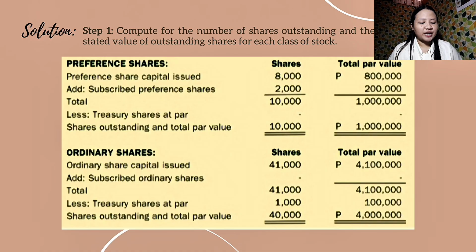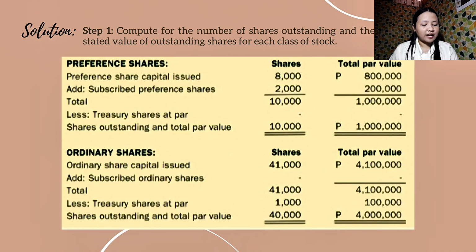As to preference shares, less treasury shares at par, our shares outstanding is 10,000. And still, the total par value is 1 million. For the ordinary shares, the company issued 41,000 shares. Multiplied by 100 pesos par value, it would give us a total of 4,100,000.